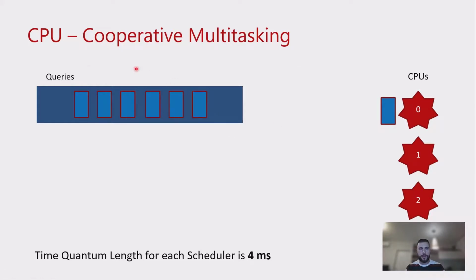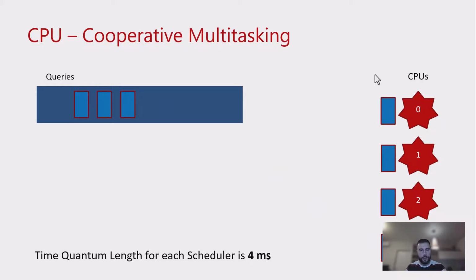When the query is in the queue, it's in the runnable state or runnable queue. When the query is on the scheduler, it's in the running state and it's actually executing. And executing has a time quantum. What does it mean? The time quantum in SQL Server is 4 milliseconds.